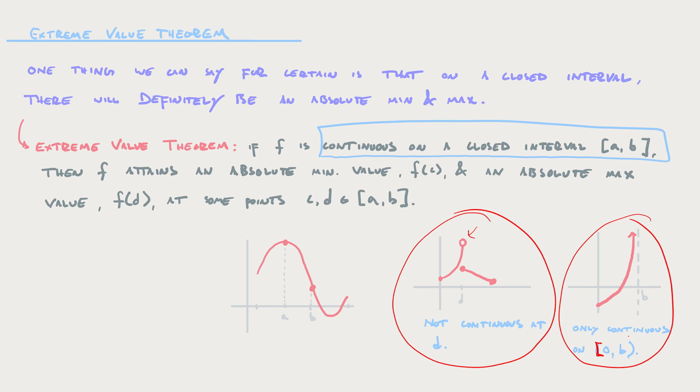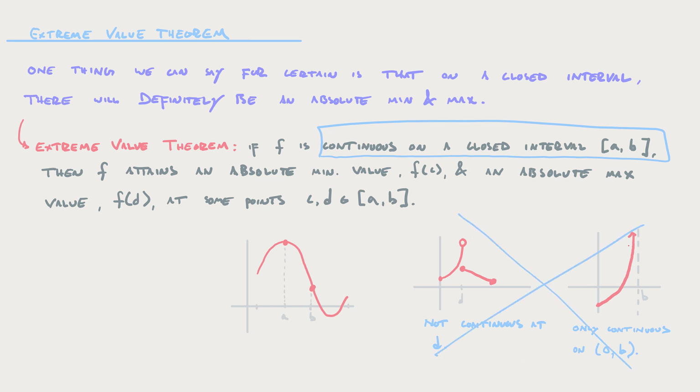By making it not a closed interval, this thing continues up forever and ever as it approaches that vertical asymptote, but this thing similarly has no absolute maximum. So you have to have those two things, continuity on a closed interval, for you to be able to conclude that somewhere on this interval, there's an absolute maximum. There's a highest point and there's a lowest point. Right? There's an absolute maximum and an absolute minimum.